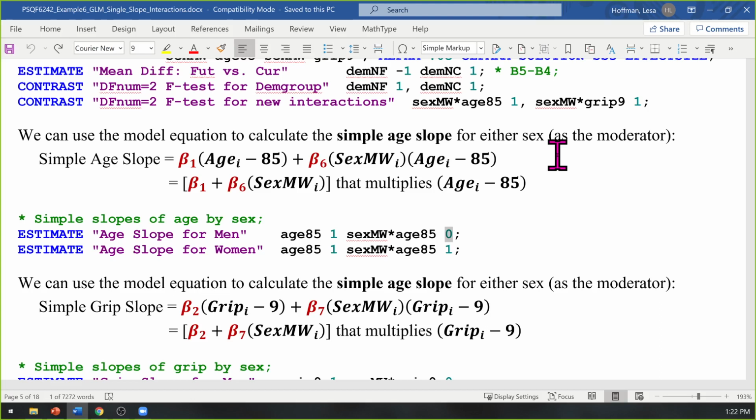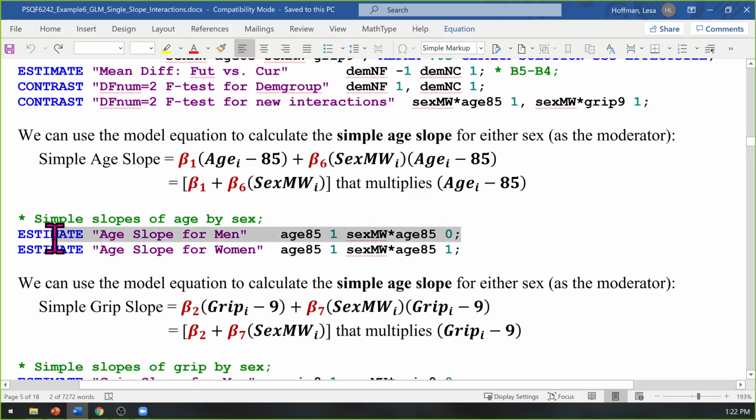What does that 0 correspond to? To men, because they're the group we're looking for. Yes, that's the value that goes with this variable right here. Men are coded 0. That's why if I want this for men, this goes to 0. So I didn't actually have to write this line.